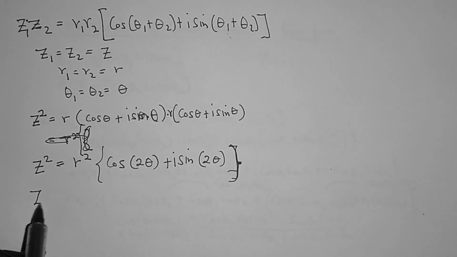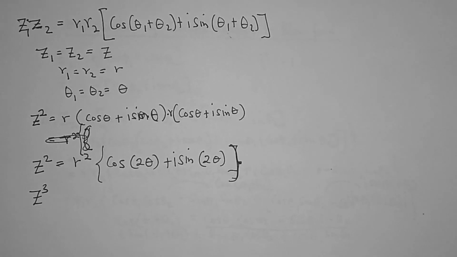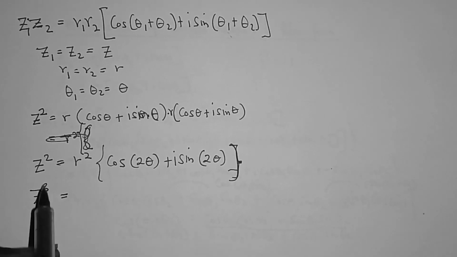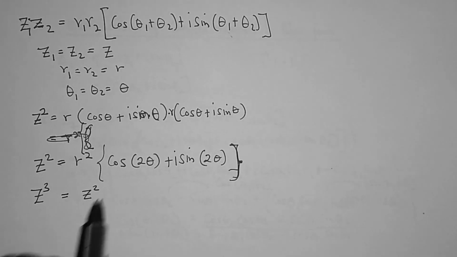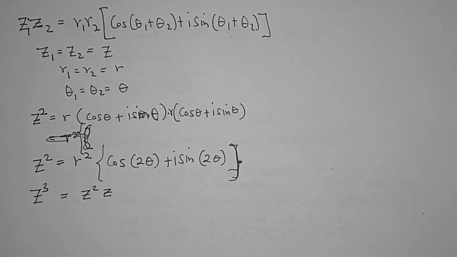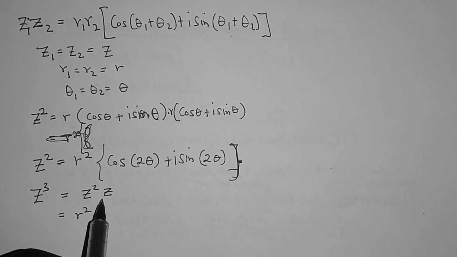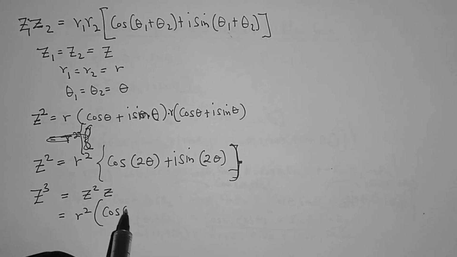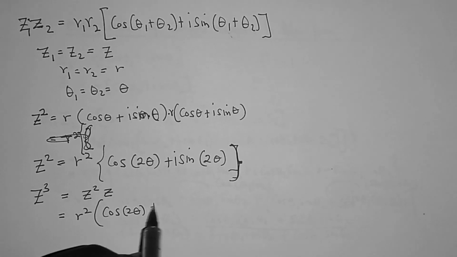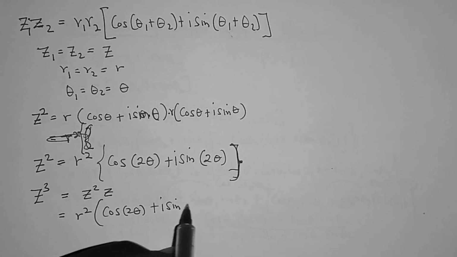Let's find Z cube. See that Z cube is equal to, we can write this as Z squared then times Z. So this is equal to R squared into bracket cos 2 theta plus i sine 2 theta.